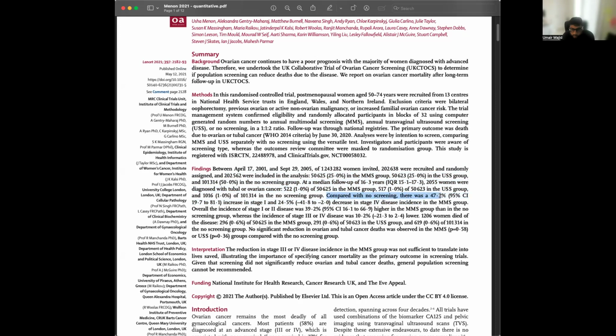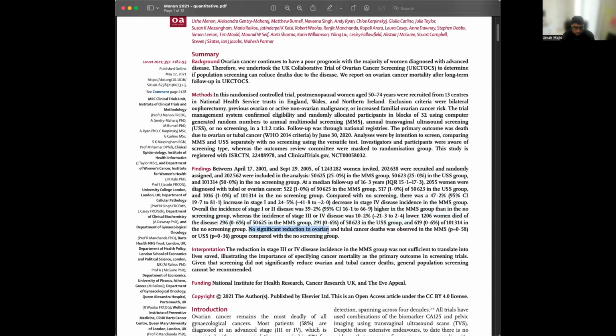Compared with no screening, there was a 47.2% increase in stage 1 and a 24.5% decrease in stage 4 disease incidence in this group. Overall, the incidence of stage 1 and 2 disease was 39.2% higher in the MMS group than in the no screening group, whereas the incidence of stage 3 or 4 disease was 10.2% lower. 1,200 women died of the disease, and then it defines how many per each group.